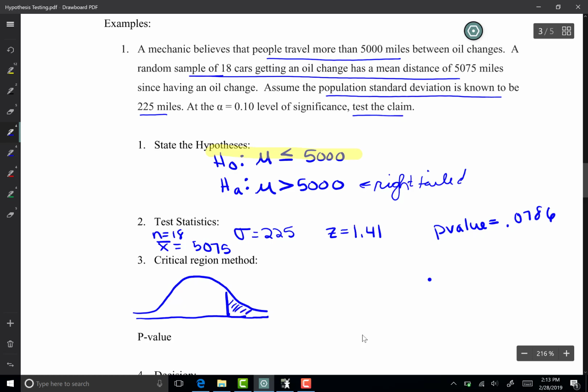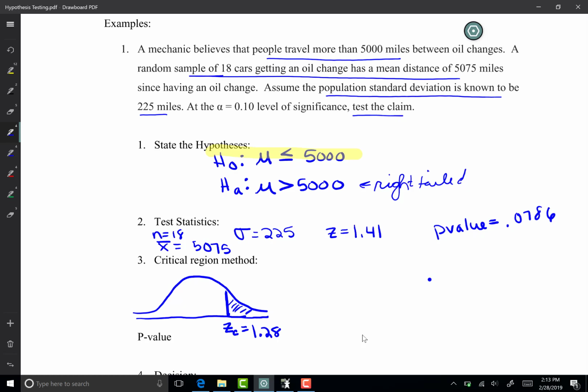What we're looking at is finding a breaking point. I'm going to call this Z with the subscript of C, Z critical, just like we did in confidence intervals. And Newton will give you a table. If I look this up on the table, it should give me a value of 1.28.